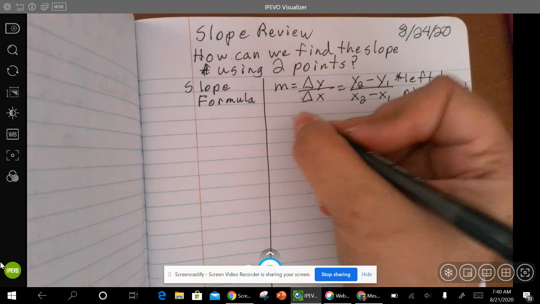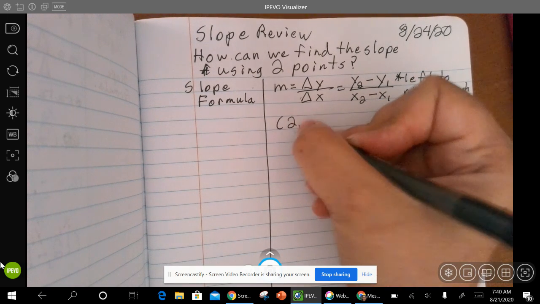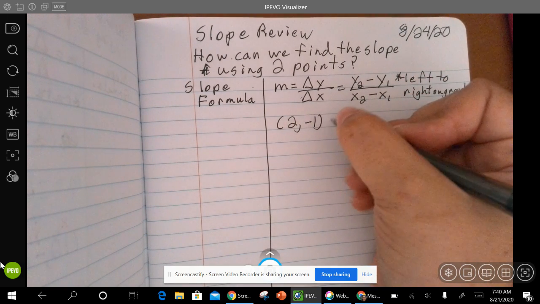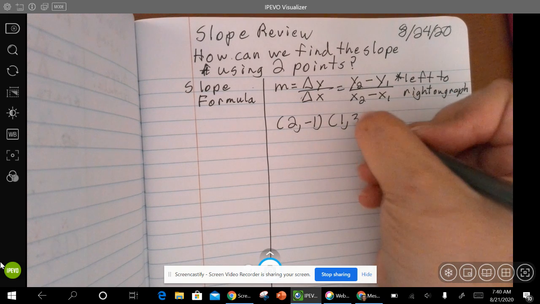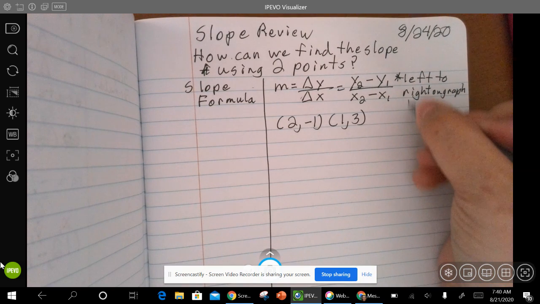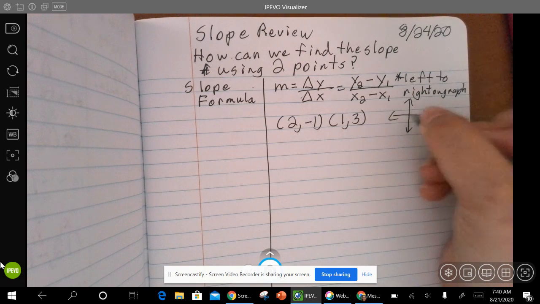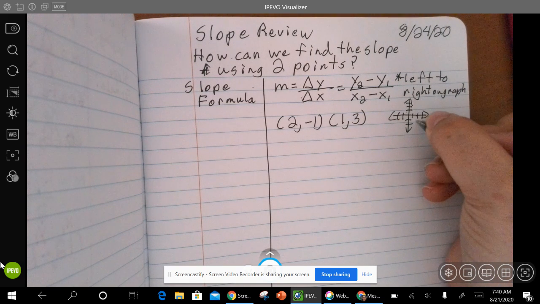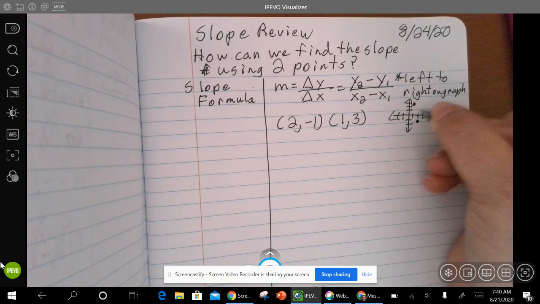So let's say we have 2 points. So we have 2, -1, and 1, 3. If I did a quick sketch of the graph of these points, so 1, 2. Okay, so 2 down to -1, and then 1, 3, would be right here.